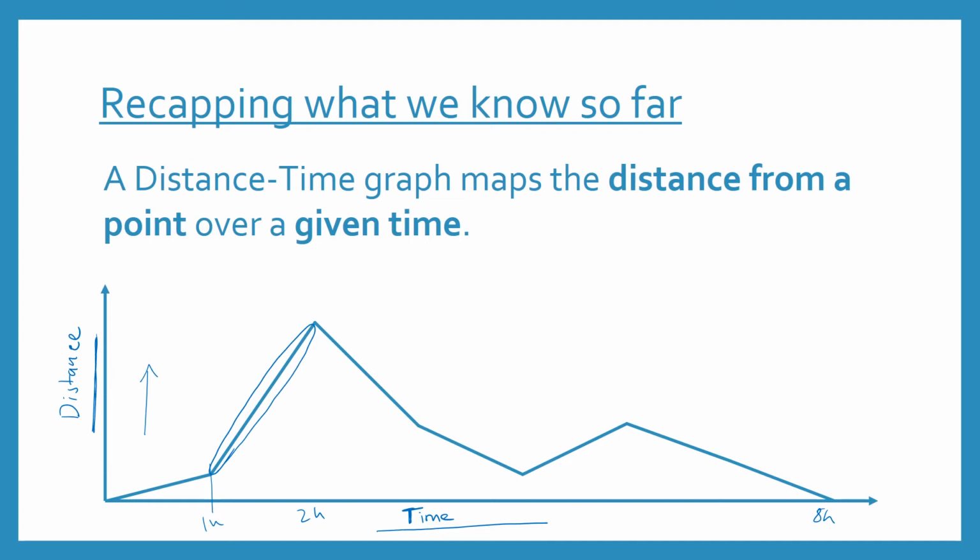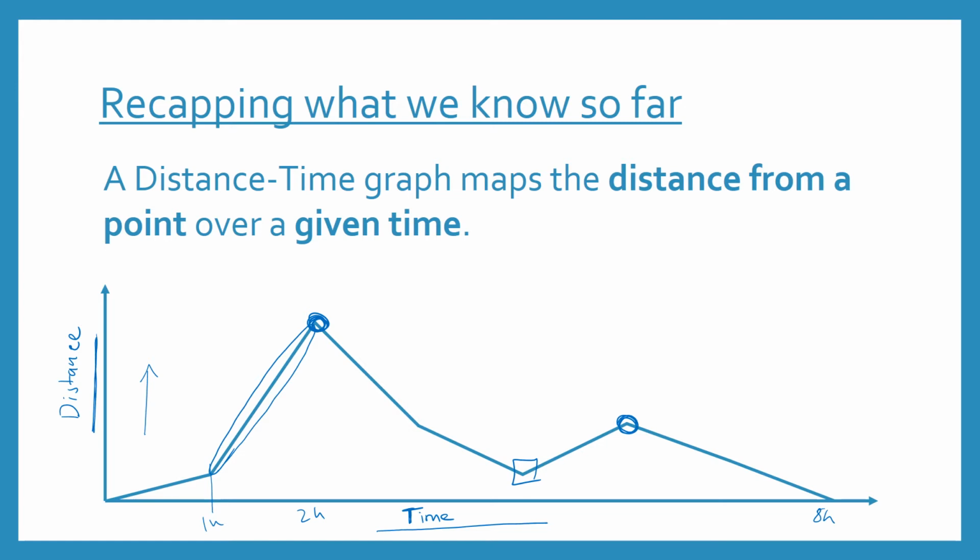Now, what does a point like this point here or this point here mean? Yep, so at either of these points, we have been moving away from home and we've turned around and now we're coming closer toward our starting point. Likewise, this point here, we've been moving closer towards and now we're going away again.